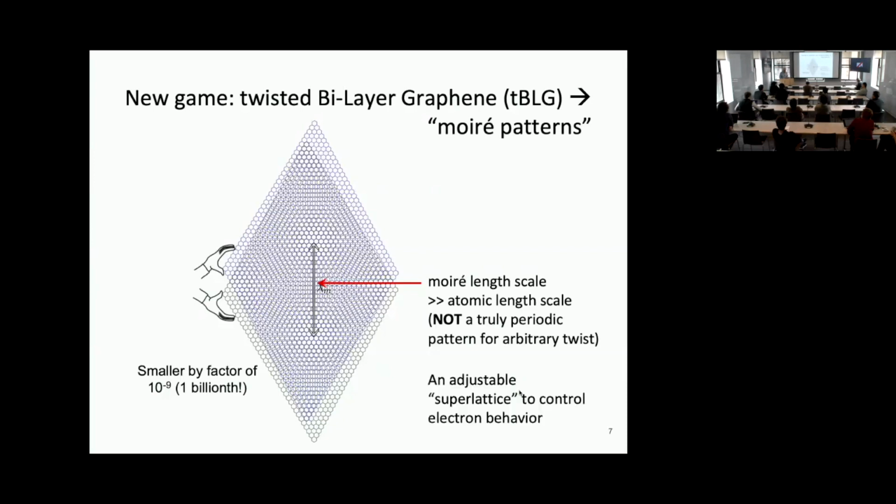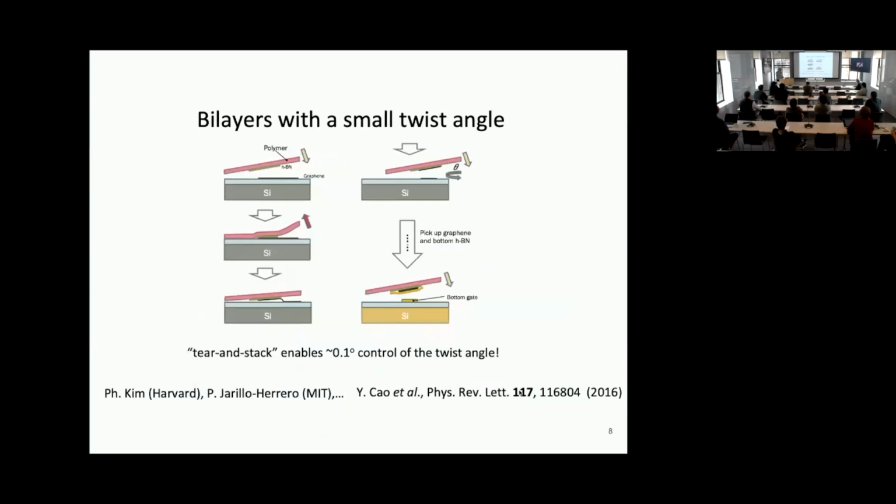For considering many different possibilities. Okay, so just a couple of words on how this is done, because it really is quite extraordinary how this is done experimentally. You put down one layer of the material, then you tear half of it by attaching another layer on top. And then you raise this half farther away from the bottom half.